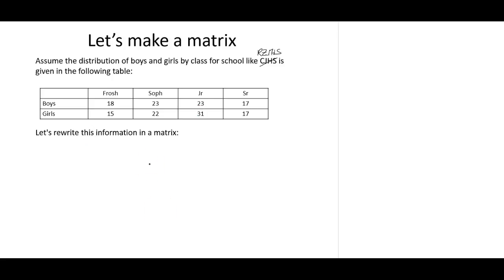So a matrix then, a way to do this is, I'm just going to go ahead and write this in this thing called a matrix, and it's just going to put some brackets here, and it's going to extract the numbers out of this table and just write them in there. 23, 17. You can see I'm preserving the order and the arrangement here. 31, 17.